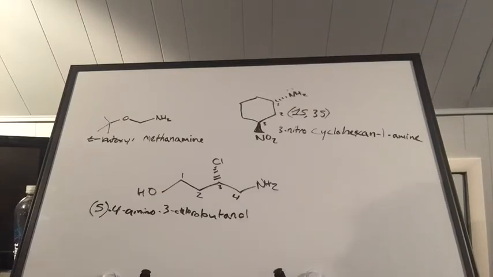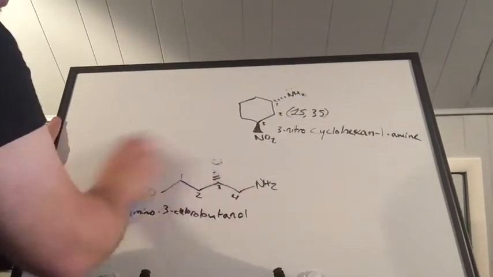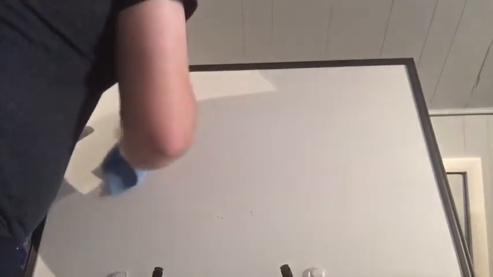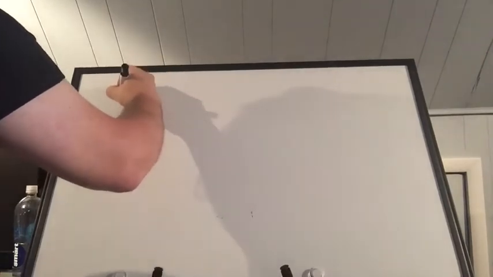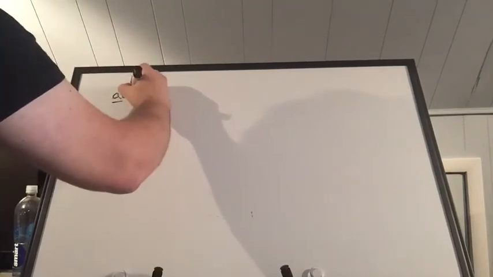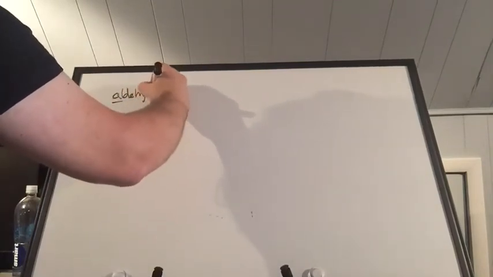Okay, so moving on to aldehydes and ketones. Do that real quick. Aldehydes and ketones are actually much easier than you might imagine. Because you have AL for aldehydes, and then ONE for ketones.